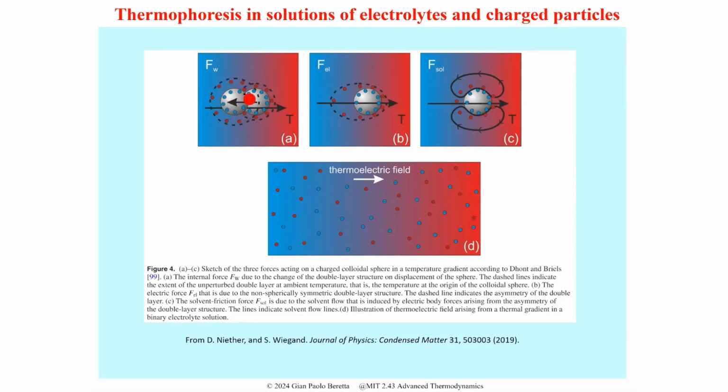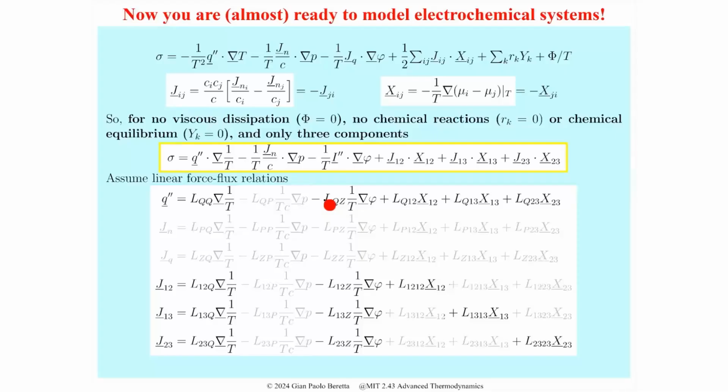And these effects happen, for example, at electrodes in a fuel cell or an electrolytic device, or simply you have a thermoelectric effect coupled to diffusion. So electrochemical systems belong to this kind of class.